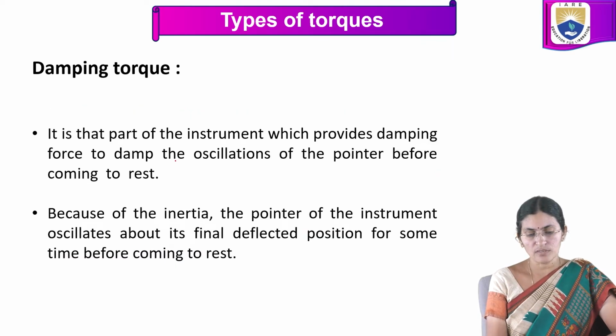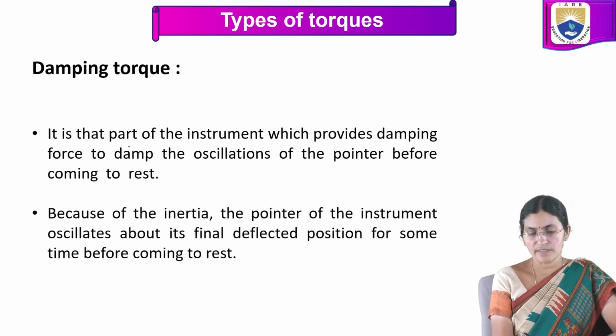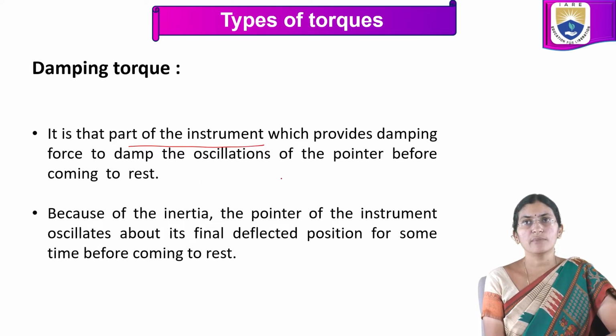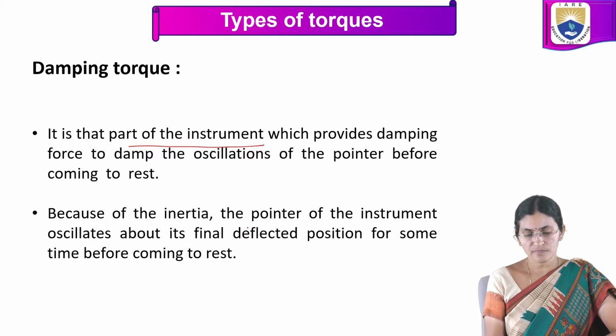So what is damping torque? It is that part of the instrument which provides damping force to damp the oscillations of the pointer before coming to rest. This damping comes into picture because of inertia, because of the presence of the moving system.